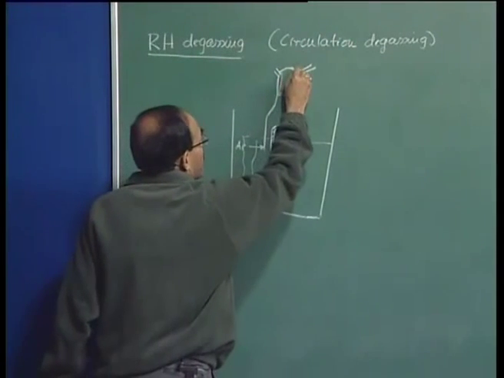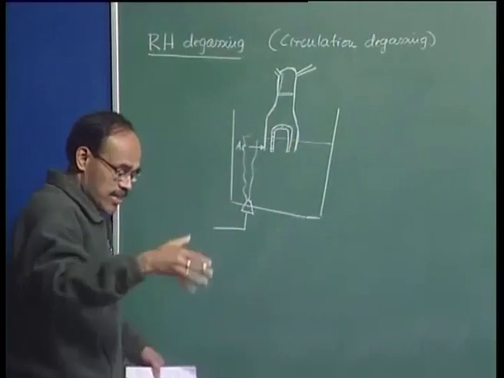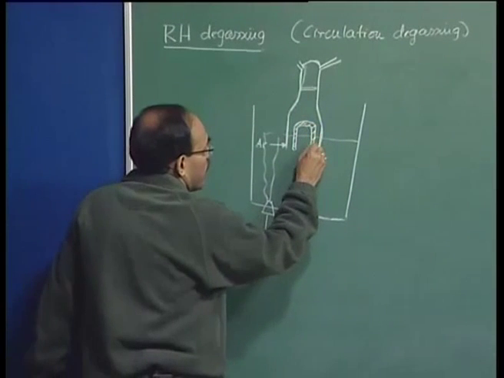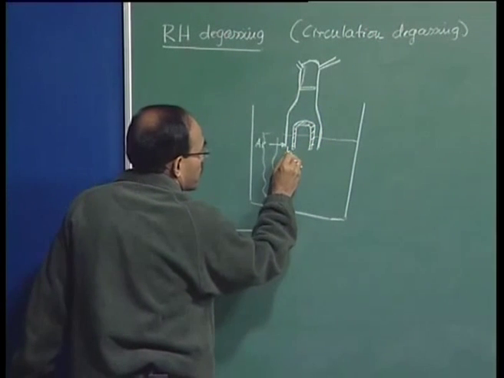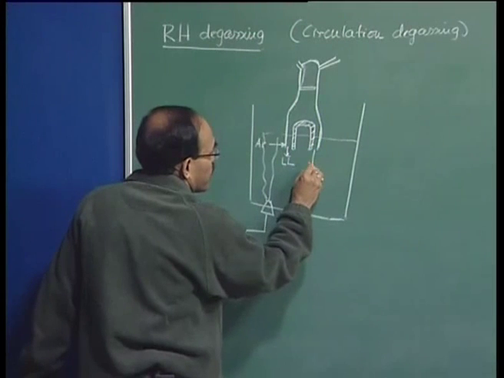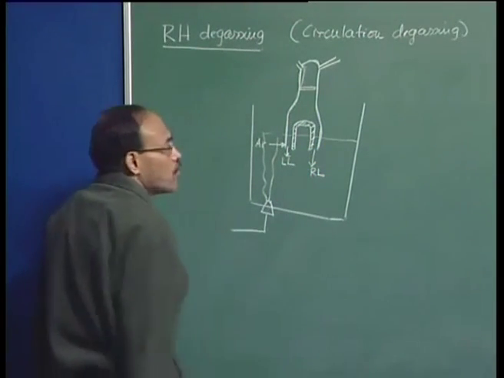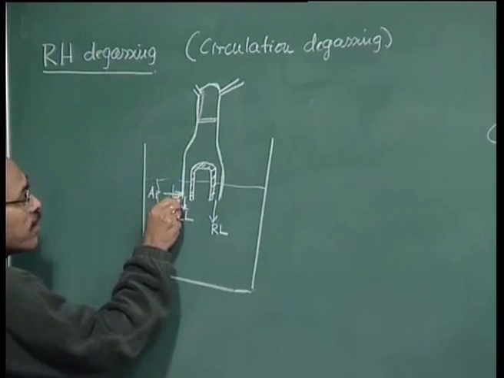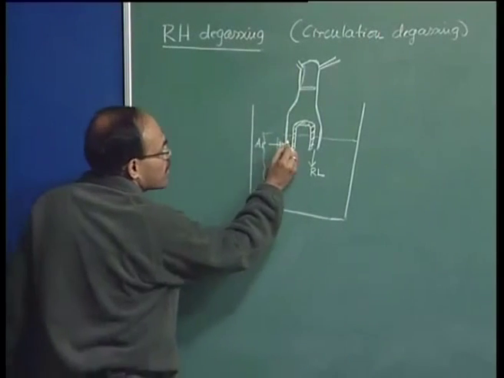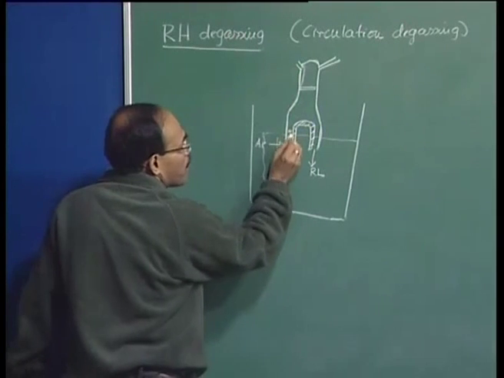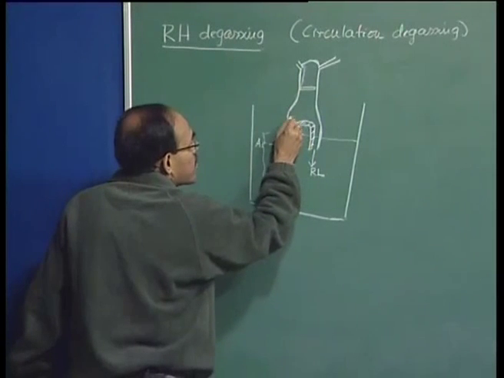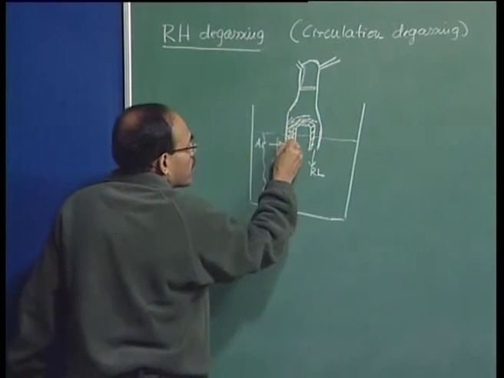This is the apparatus actually, the circulation RH degasser, and this degasser is brought and immersed into molten steel. It has 2 legs, as you can see. This is called the left leg, and this is the right leg. When you immerse this degasser into molten steel and introduce a lift gas, argon, here, the argon gas, because of its buoyancy, is going to rise up vertically, and as the argon gas rises up, molten metal will also rise along with it.